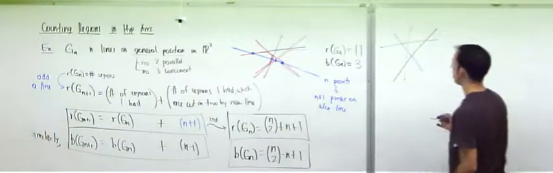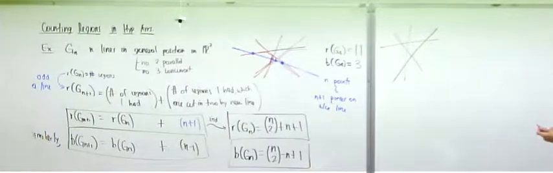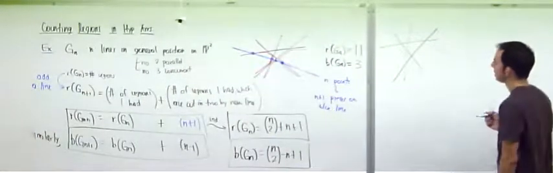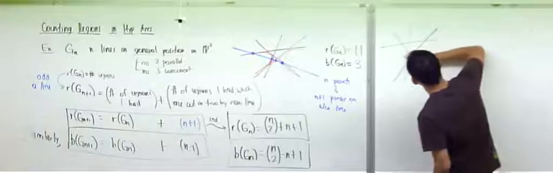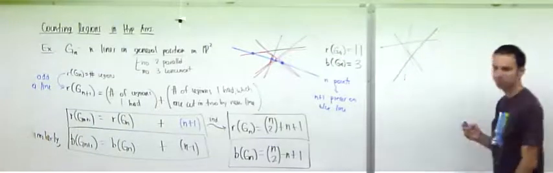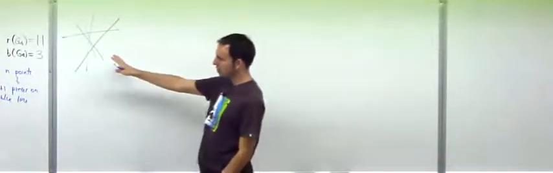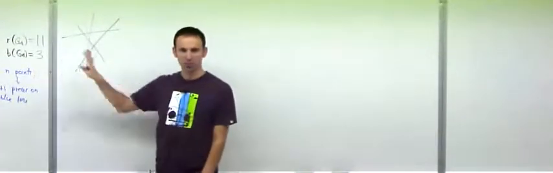So this was my previous situation, right? But now let's take instead a different blue line, like this one, for example. Okay. So then you see that these pictures are different from each other combinatorially.